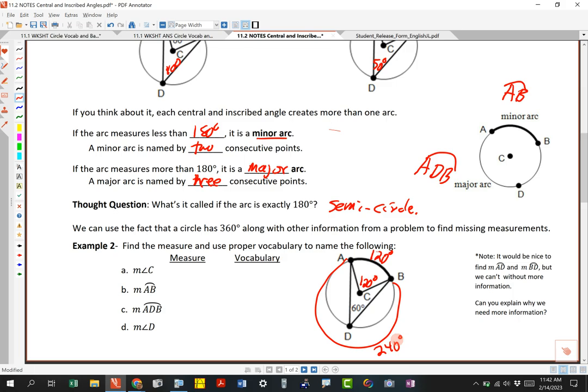Okay, so here's what we mean. The measure of angle C, 120. Okay, I think on yours it says name. I changed it to vocabulary on mine. So the vocabulary is this is a central angle. Arc AB, because it's only 2 letters, it's got to be the small one. So the measure of that is 120, and we would call that a minor arc.